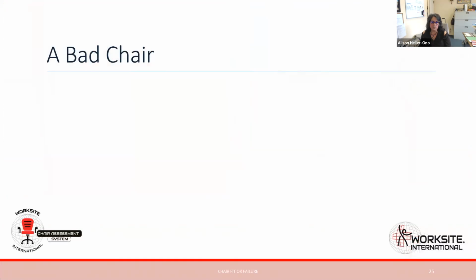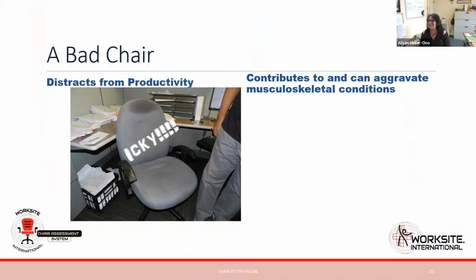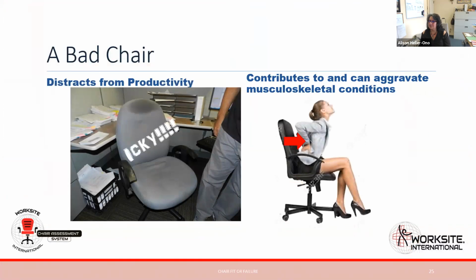So let's summarize what a bad chair is. A bad chair distracts from productivity, and it also contributes to and can aggravate musculoskeletal conditions. And we went over that last week, all the problems that can result from a chair that doesn't fit right, or is poorly constructed, or is not operational the way it's supposed to.